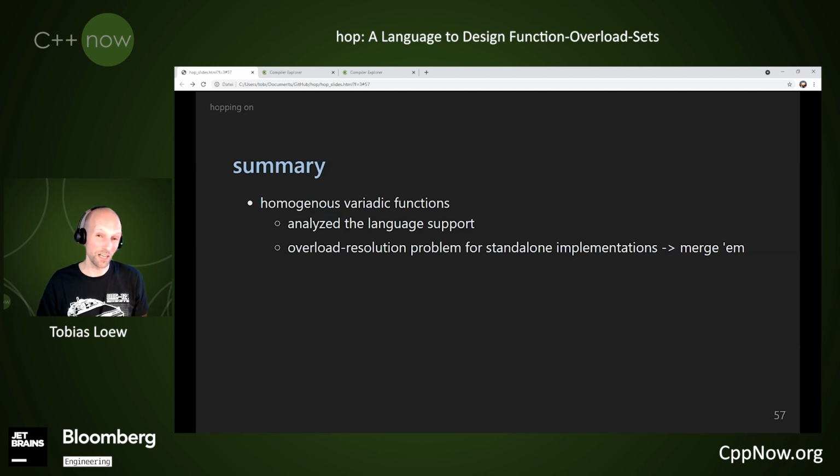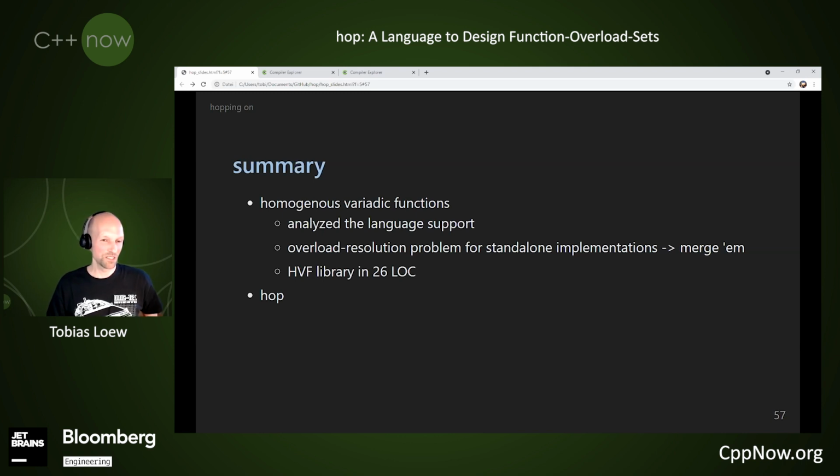We figured out that overload resolution is a problem when we just use the simple standalone implementation, and solved this by merging those in this little library in 26 lines of code.